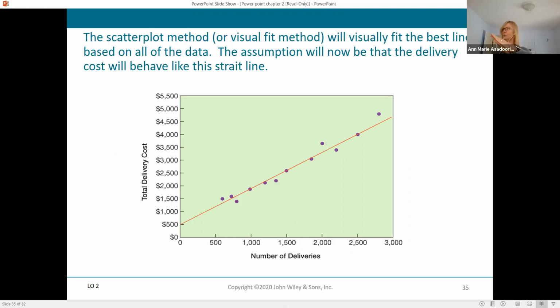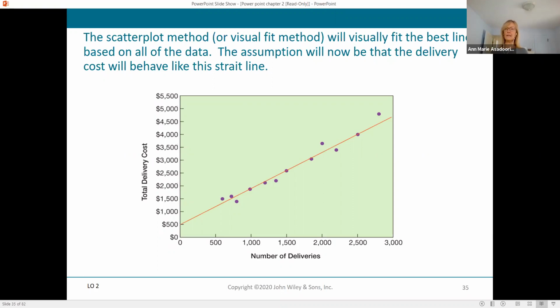So there's a lot of subjectivity here, because everybody's going to look at this data and visually fit that line a little differently, which is why you're probably not going to be asked to do this on your exam, because everybody's going to come out with a slightly different line. But you should understand how this works. I'm using all of the data and I'm going to visually fit this line to the best of my ability. And then once you've done that, you're going to say the delivery cost behaves like this straight line.